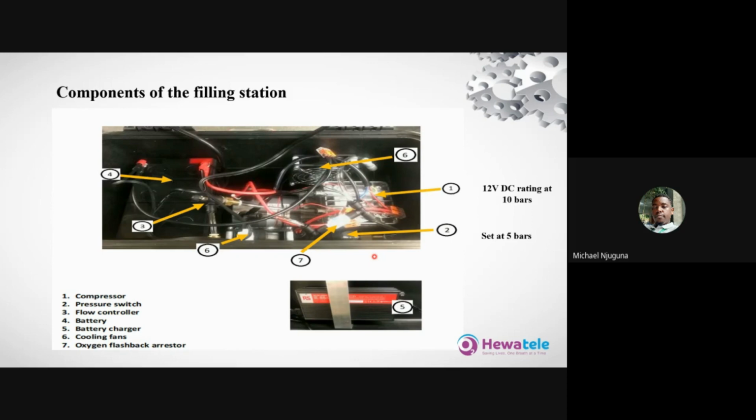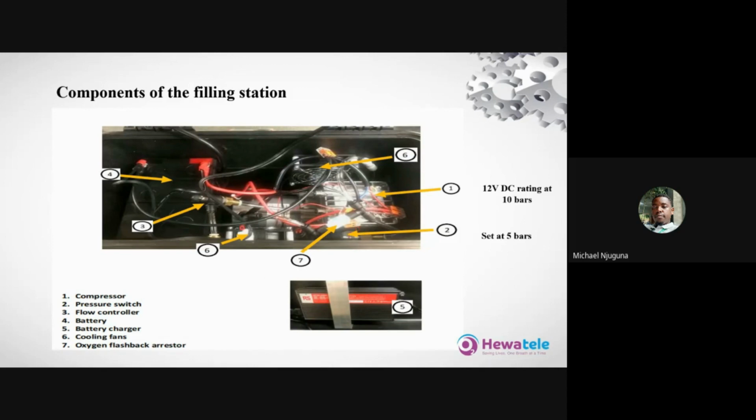So in the event that the reservoir is full and the pressure gets to 5 bars, it turns off the equipment. Hence, there is no pumping of air or oxygen into the reservoir. And at that point, of course, you should also turn off your concentrator.